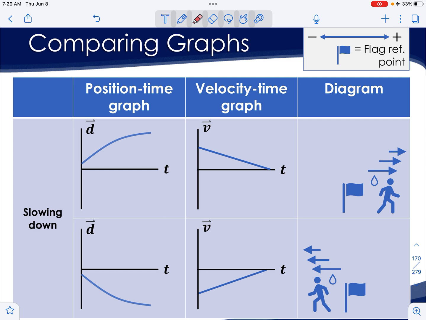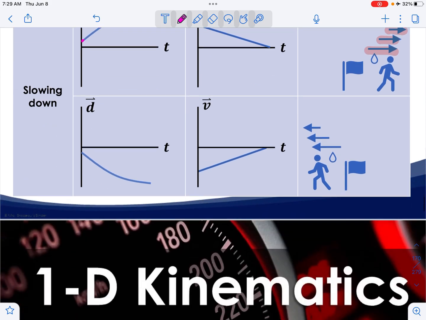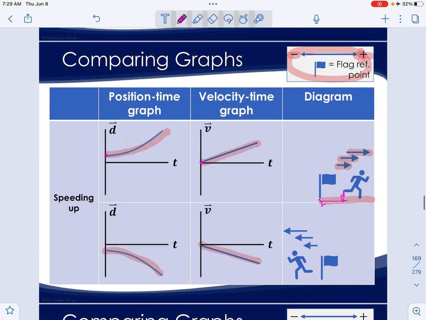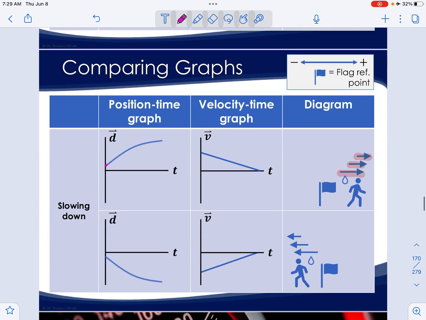Here you can see that he's starting fast and slowing down. Again, he starts not right at the reference point, and his position is changing.